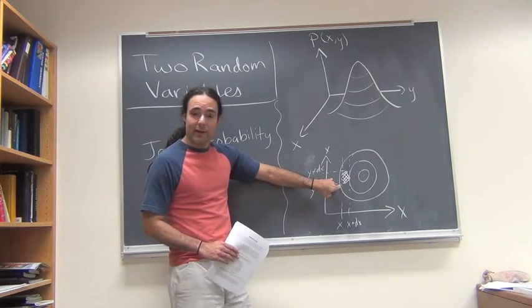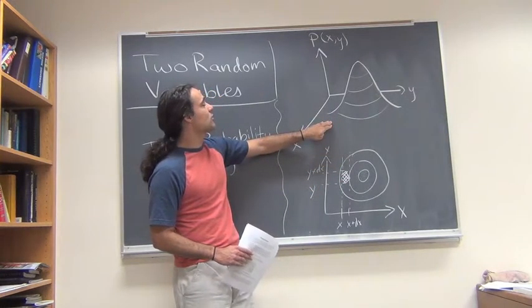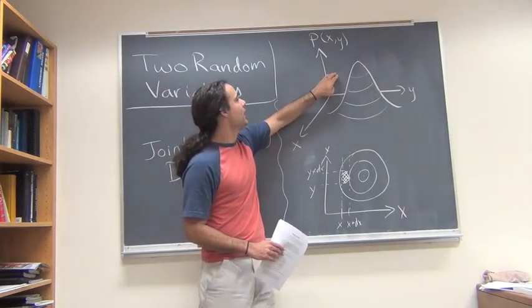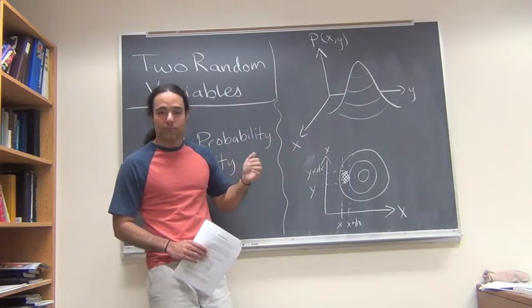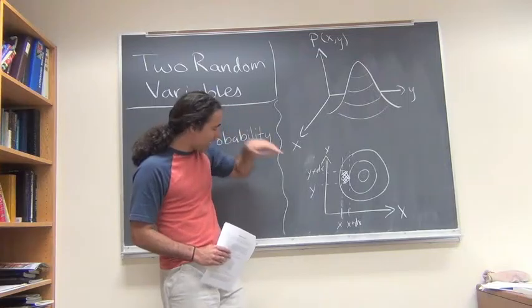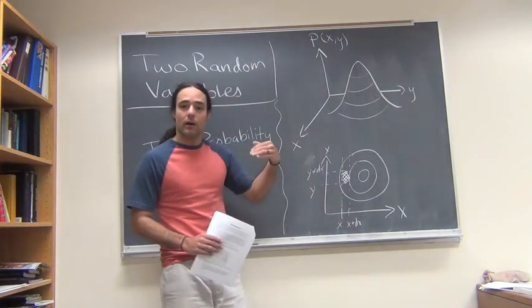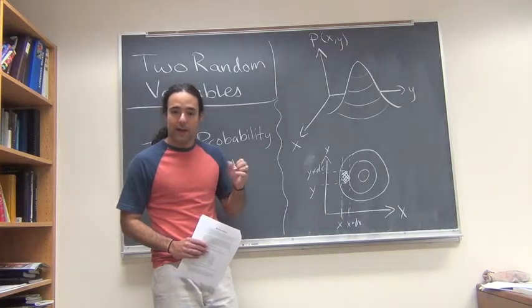The probability of finding x and y both within that range is then just going to be the volume under that joint probability density curve. Okay, so all we have to do to find the probability within some range is just integrate up a bunch of these tiny differential areas.